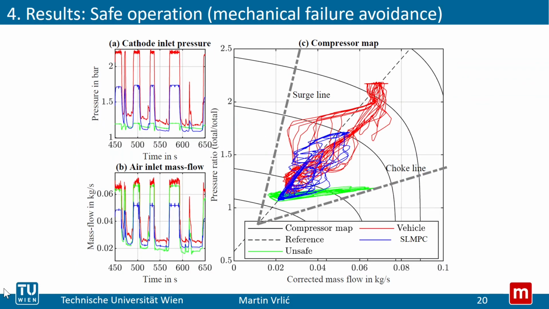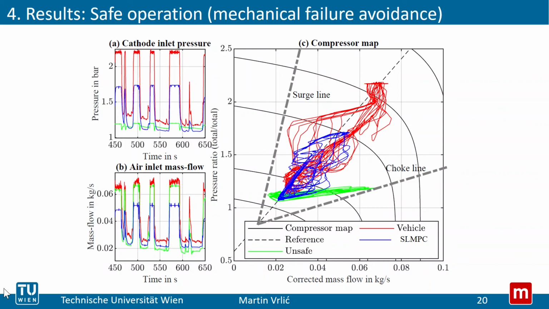Another very important aspect of safety is compressor operation. As you can see from the right plot and the red and blue lines, which represent the vehicle and our controller respectively, operate along this reference line, which is in the middle of the compressor map. The surge line and the choke line denote the lines at which mechanical failure happens.